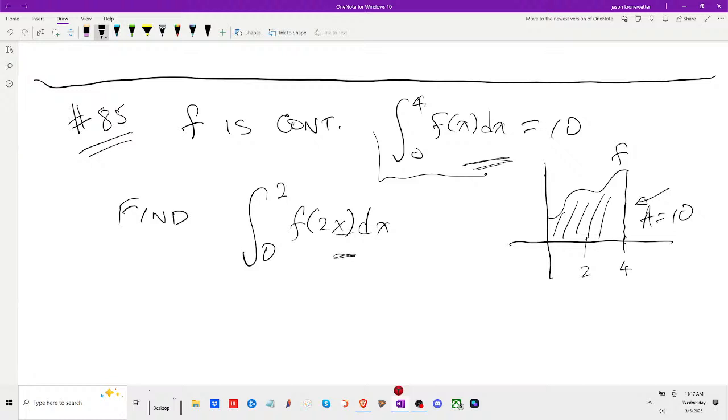Okay, and they even prompt you to do this, but make a u substitution for this. And here's a concept that we're going to use over and over again: when you have an integral and you have some variable and it goes from, doesn't matter, from a to b, that's equal to the integral from a to b of f of x dx.